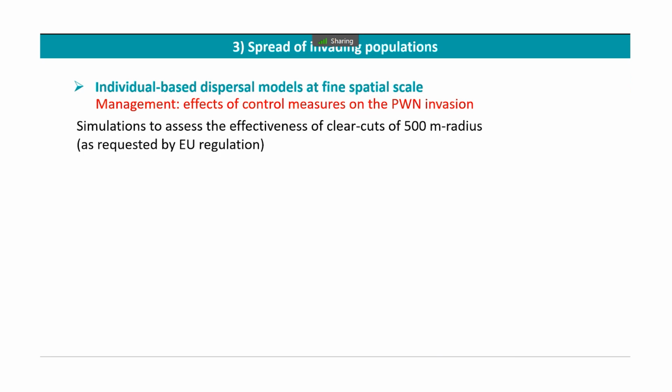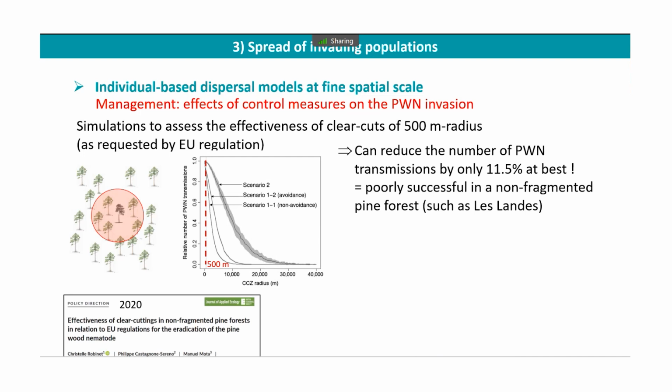because among all the methods mentioned in the European regulation, there's a clear cut at a radius of 500 meters from an infested tree. So we simulated this, and in fact we simulated the effect of clear cutting with a radius varying from 0, so no clear cut, up to even 40 kilometers.